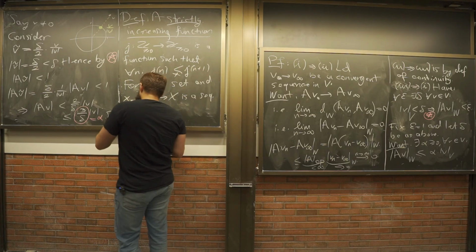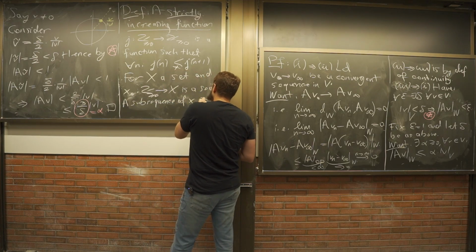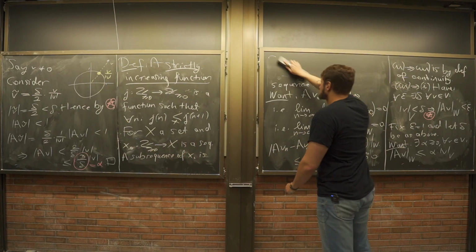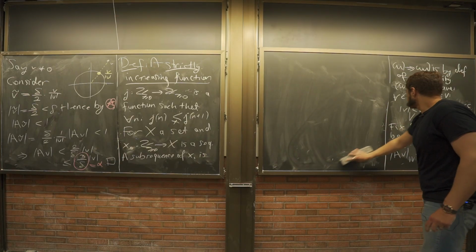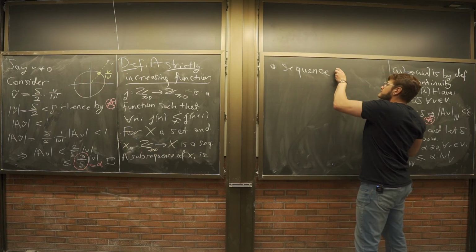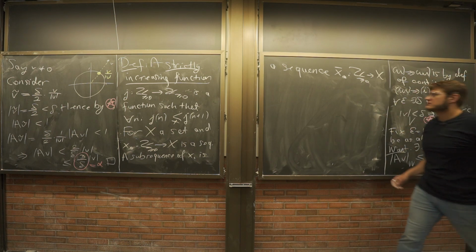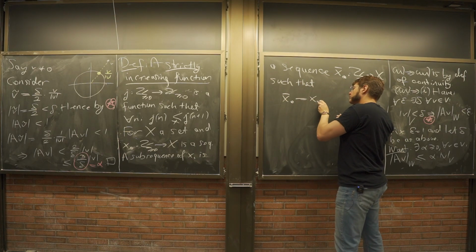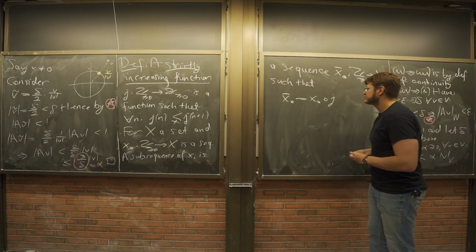A subsequence of x bullet is a sequence, let's say x bar bullet, such that x bar bullet is the composition of the original sequence by some strictly increasing function j.